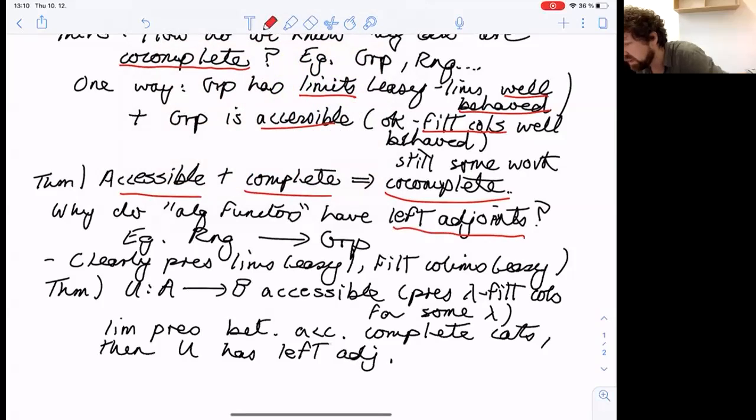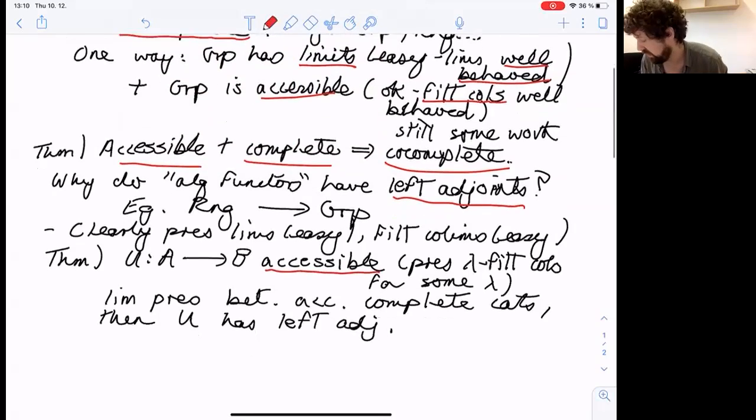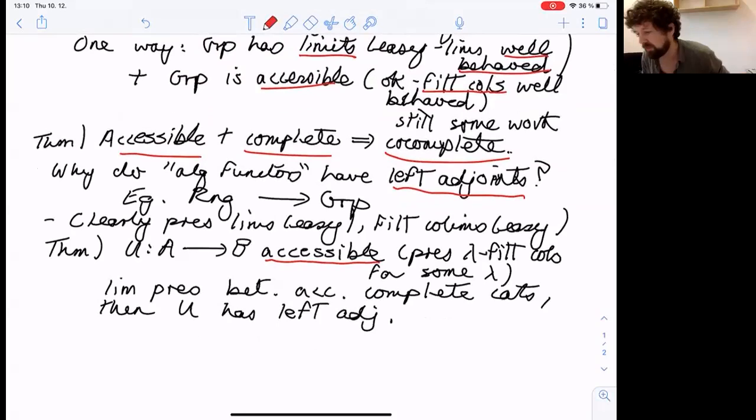So we can use right universal stuff, limits, to get left universal stuff, like colimits and adjoint functors.